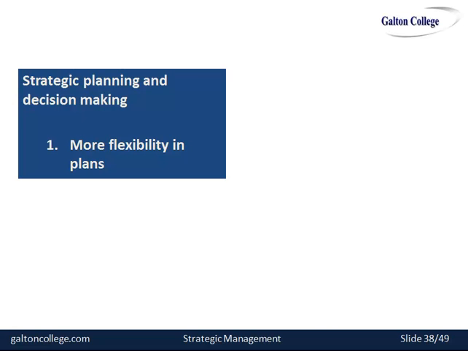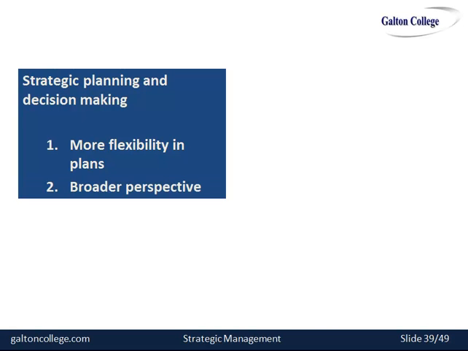The world is more integrated. We have more knowledge about different parts of the world and the requirements in different parts of the world and the type of customers that exist in different parts of the world. So plans must be flexible. So during the planning phase, management needs to build in opportunities to modify the plan as and when required.